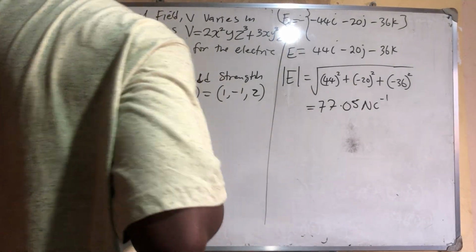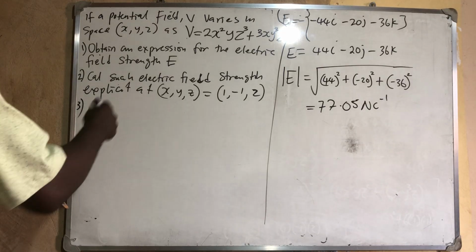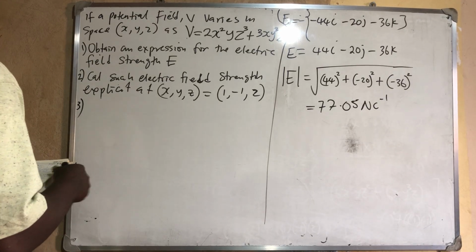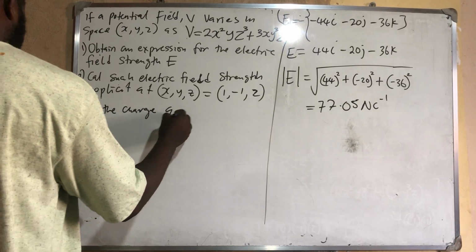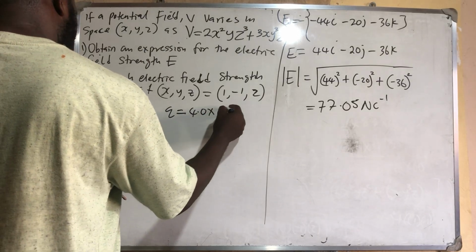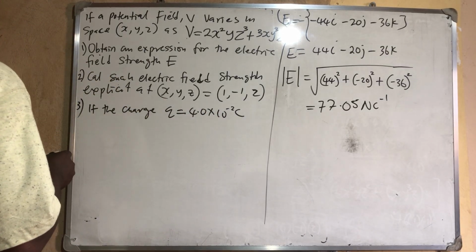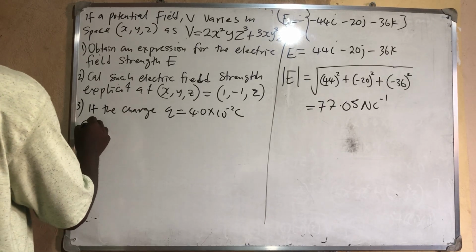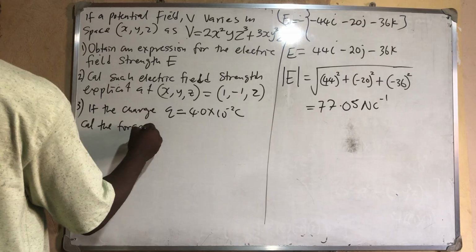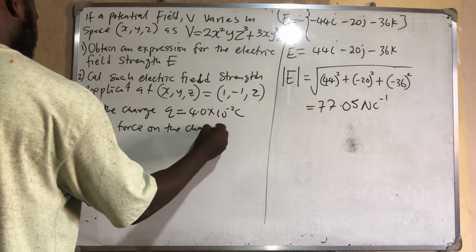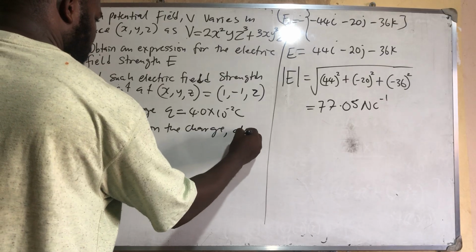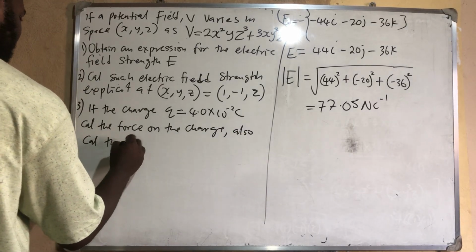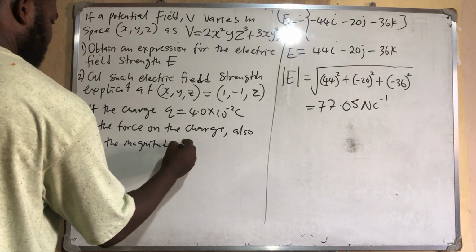So the next thing they say we should calculate is, okay, they said here, number 3, if the charge Q is equal to 4.0 times 10 raised to power minus 2 coulomb, calculate the force on the charge, also calculate the magnitude of the force.